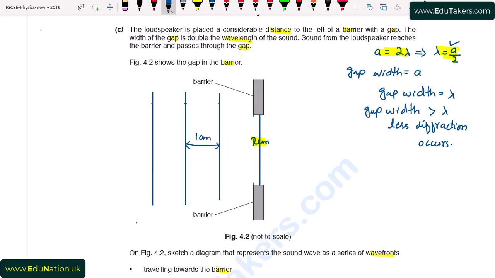And on the right side of this barrier, less diffraction occurred. Their bending will be very small, because here the gap width is greater than wavelength. Now the wavefronts are drawn.